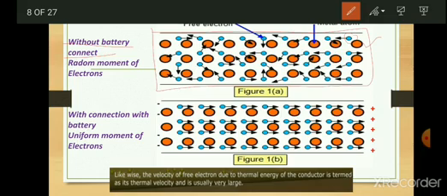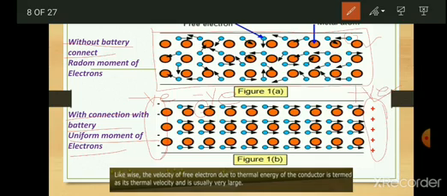Students, if this wire is connected to the negative terminal of the battery as well as the positive terminal of the battery, then the free electrons in the wire are uniformly arranged and start moving towards the positive terminal, because these blue color dot free electrons carry negative charge, and they are repelled by the negative terminal of the battery and attracted by the positive terminal of the battery.